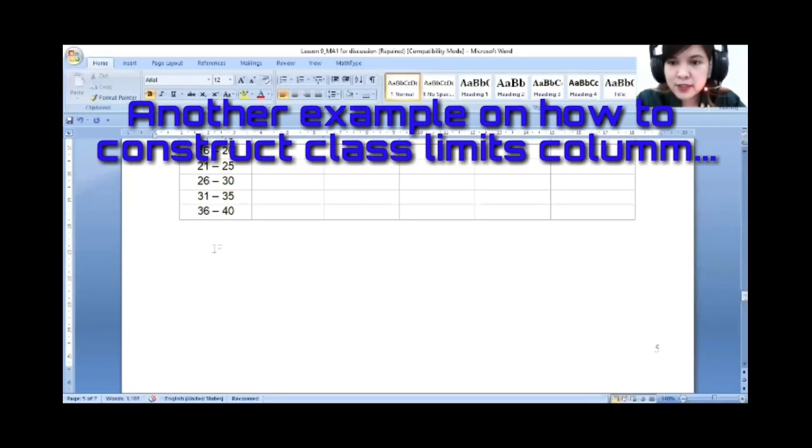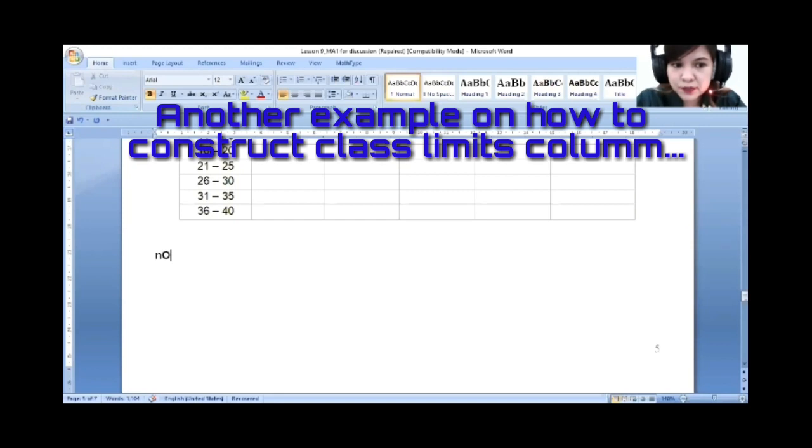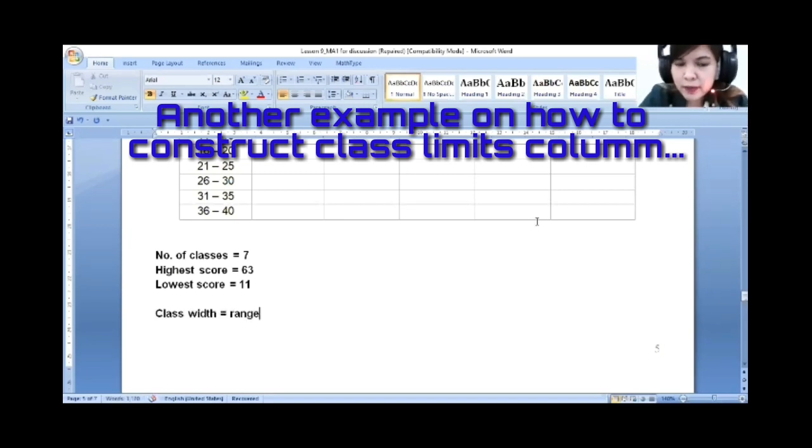For example, my number of classes is 7. My highest score is 63. My lowest score is 11. What is our class width? What is the formula here? Range divided by number of classes.